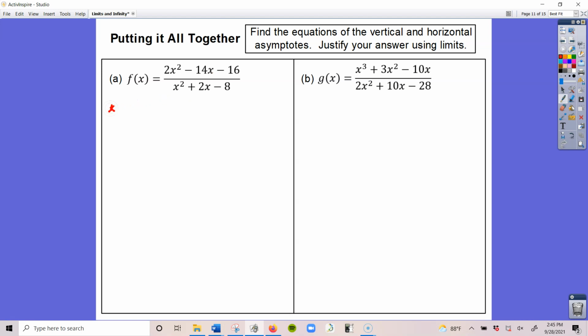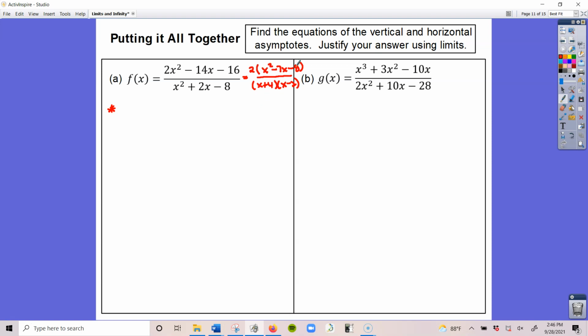So let's do that. We're going to factor that numerator, and I noticed that I can first take out a 2. And I would get x squared minus 7x minus 8 over x squared plus 2x minus 8, which can be factored as x plus 4, x minus 2.